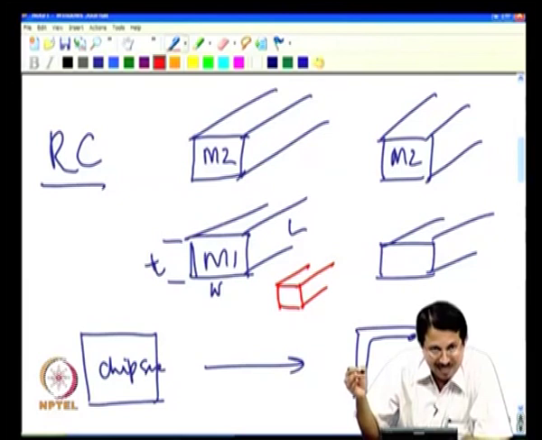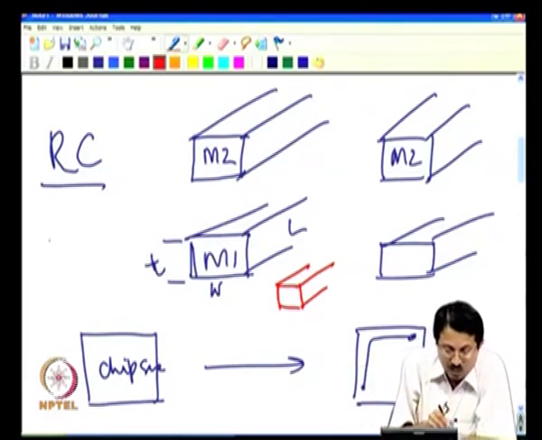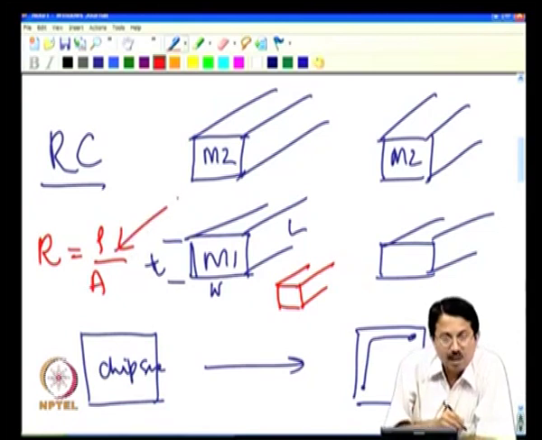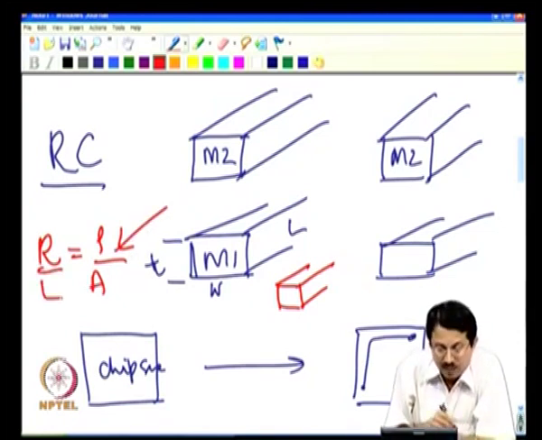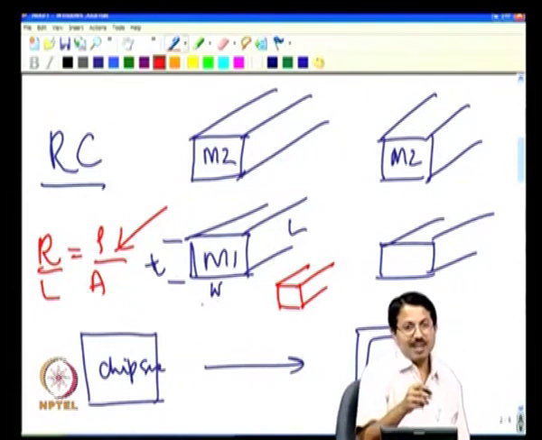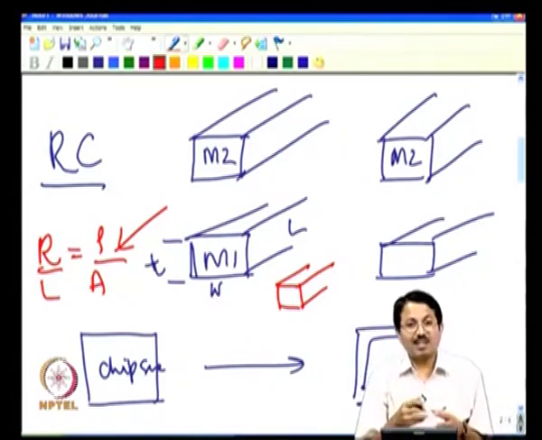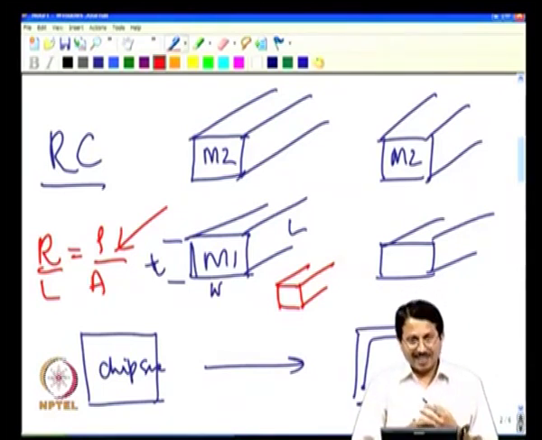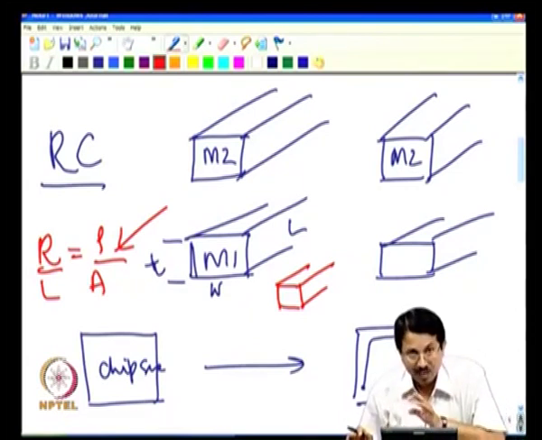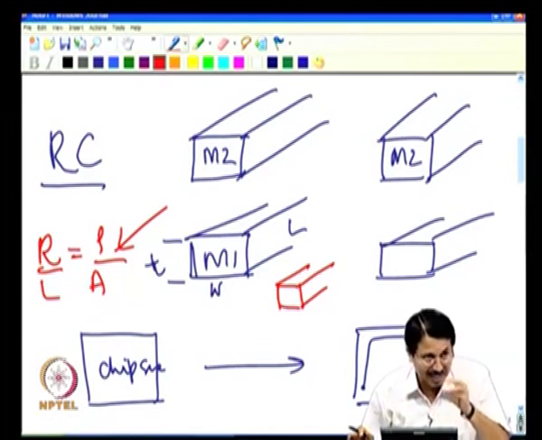So if you ask the question, what is resistance per unit length, right, what is R, rho L by A. Let us say I am interested in R per L, it is rho by A. How is A scaling, right? A has T and W, okay. As a result, your interconnect resistance per unit length goes up as K square which is not a good thing, okay. This is not the end of the story. So the message is that interconnect lines are becoming more resistive with scaling, not the end of the story.